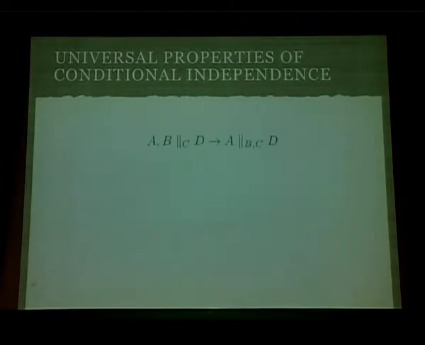One of them says that you always can shift a variable from up down into subscript. So if you have that A and B together are independent from D conditional upon C, you can condition on B, fix B, and A and D are still independent. This is a relatively easy property to see if you think about what the semantics of this is.